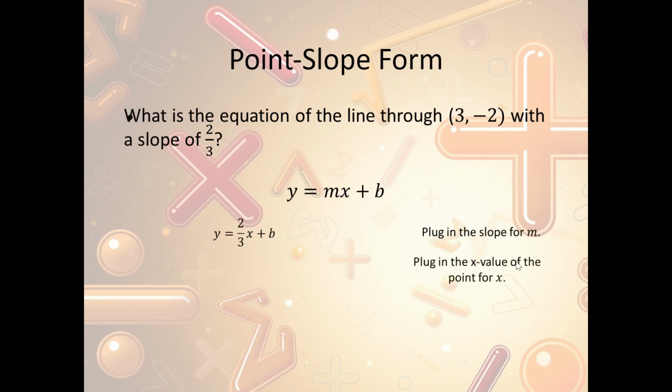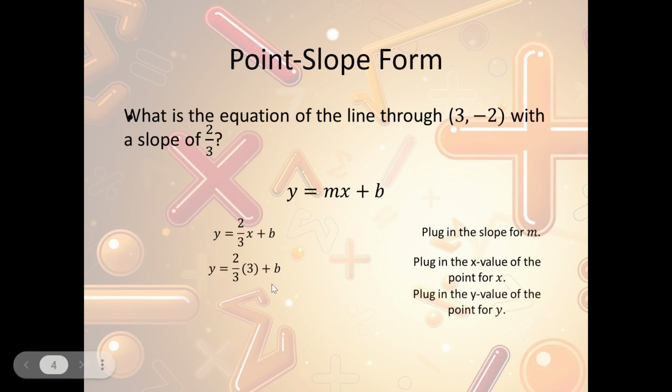Then we'll plug in the x value of the point we know. The x value is 3, so we plug that in for x. And then we plug in the y value for y, which in this case is negative 2. And we get negative 2 is equal to 2/3 times 3 plus b.